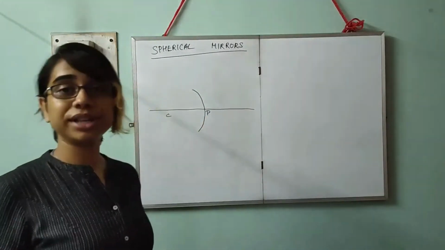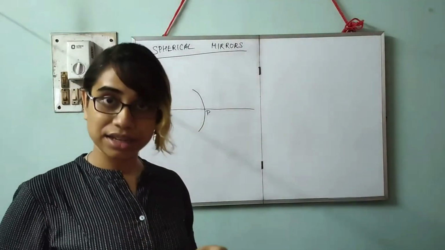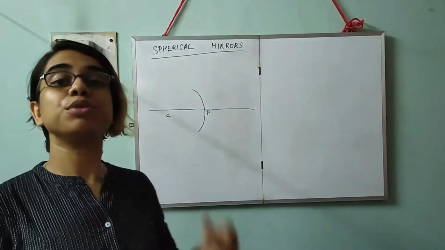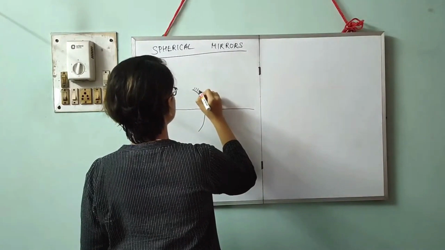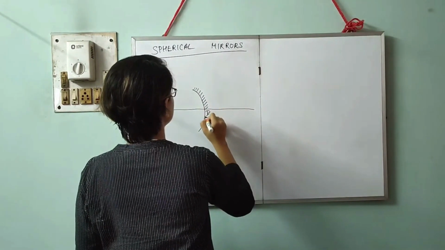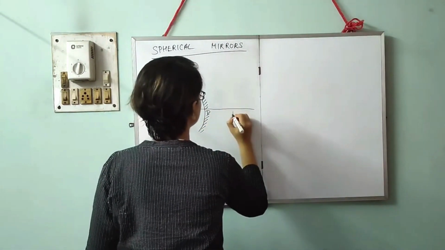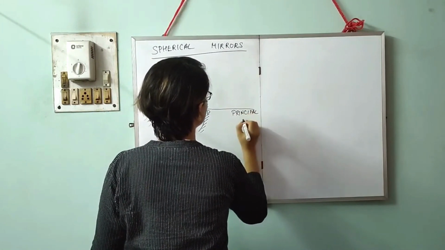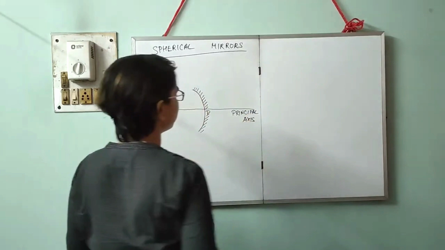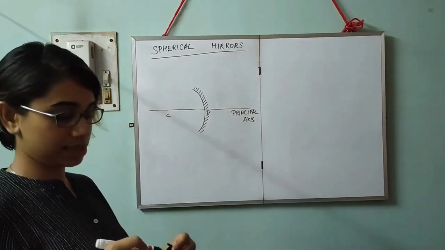And the line which joins the center of curvature and the pole is known as the principal axis. Okay, so this is the principal axis.